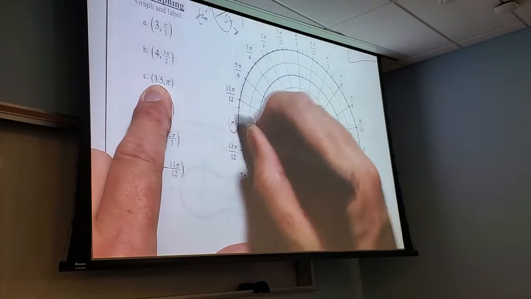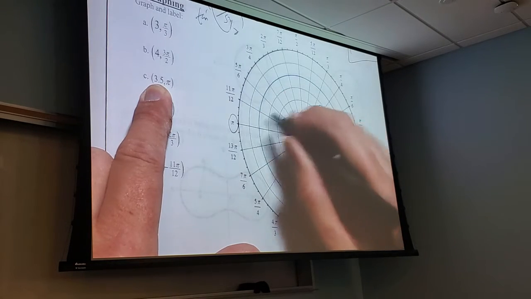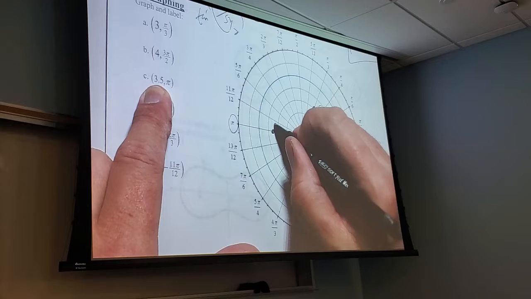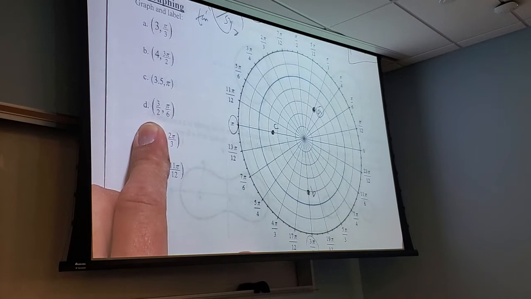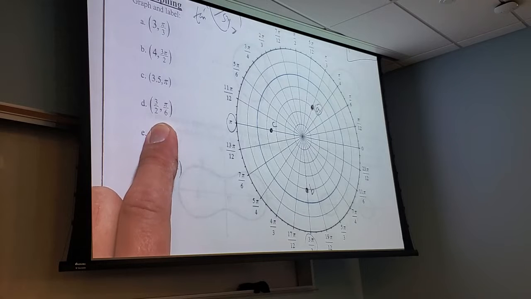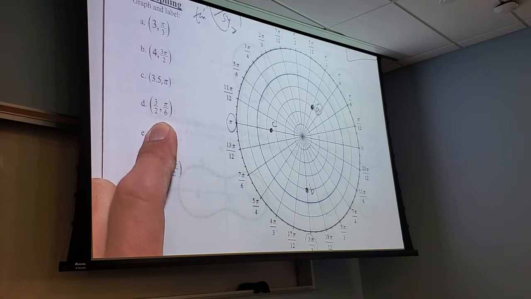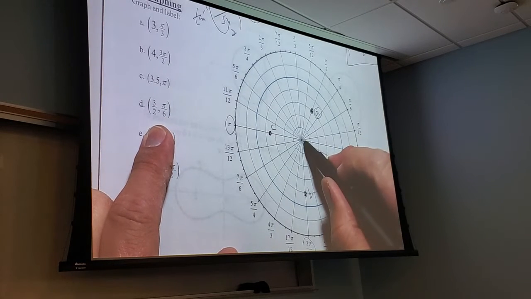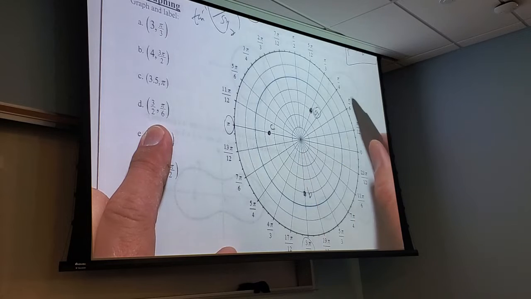3.5, pi. So I face pi, and I go out 1, 2, 3.5. Right? Do part D. Face pi over 6.